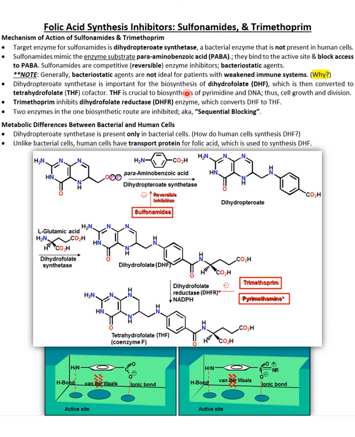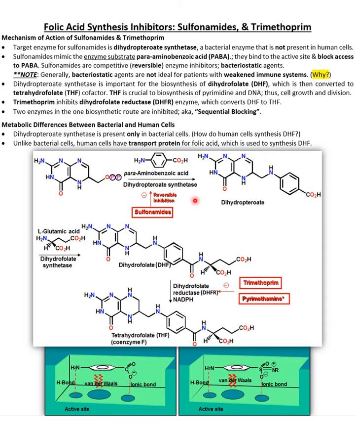Without this molecule, the bacteria will not be able to make the pyrimidines that help the cell grow and divide.